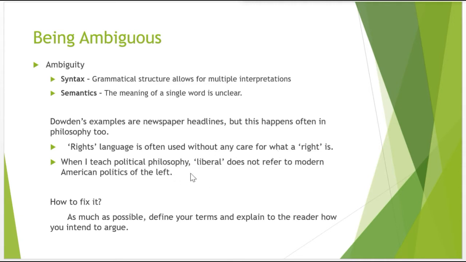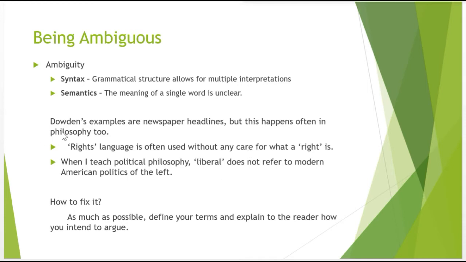So liberalism is a way of looking at government, a way of justifying government, and that's not what most people think. So I would be ambiguous if I told you I was a liberal philosopher without also explaining that, hey, I'm using this term in a very specific way.